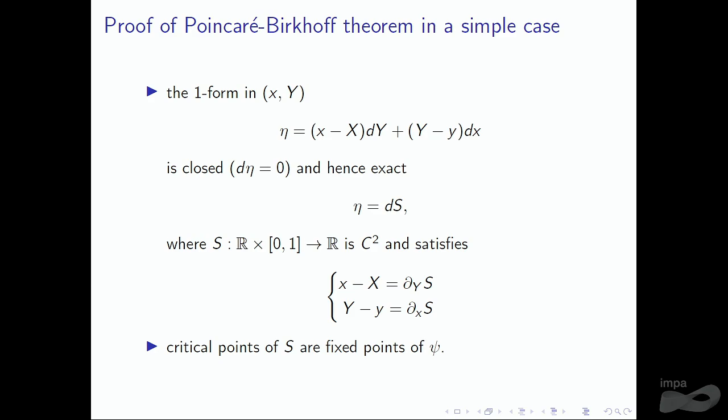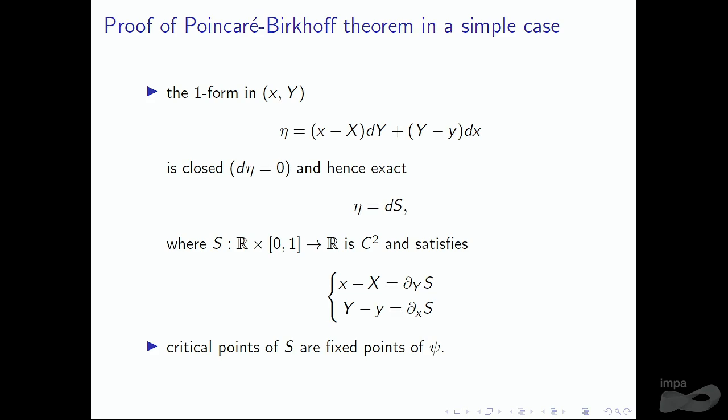So to prove the existence of this very special real function, we consider this one form. So as I said before, the strip, we can take coordinates little x and capital Y. Now, because of the monotonicity condition, we can replace little y with capital Y, or if you wish, capital X with little x. Combine these coordinates to produce a new system of coordinates on the strip, and we fix that system of coordinates here.